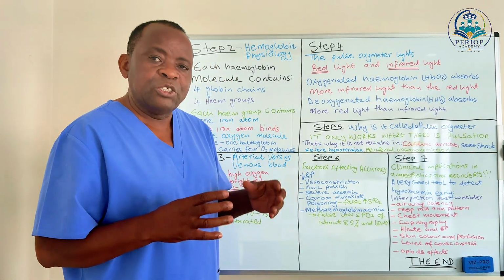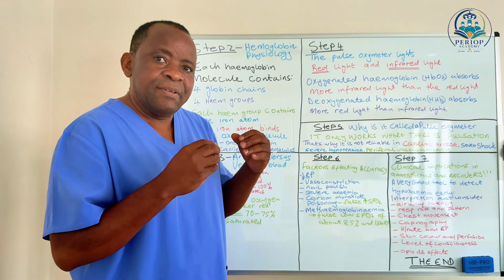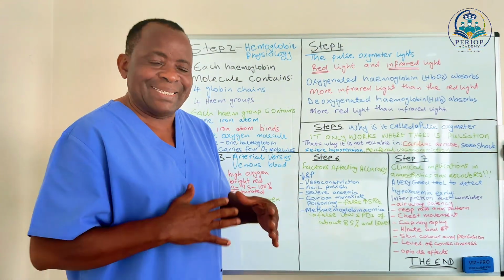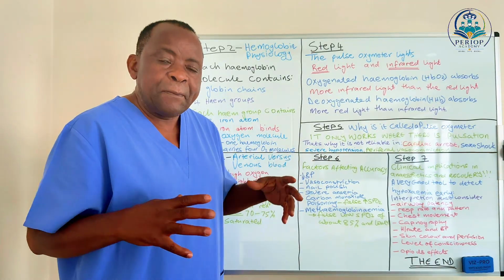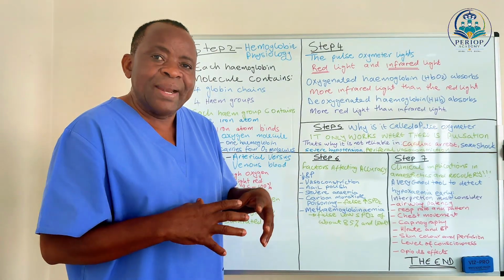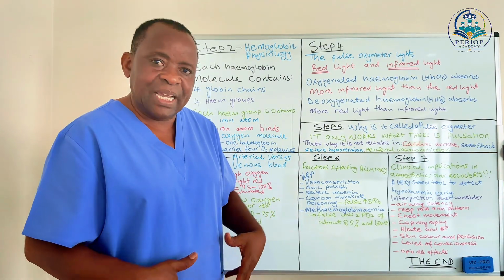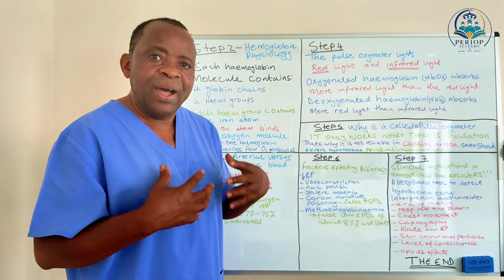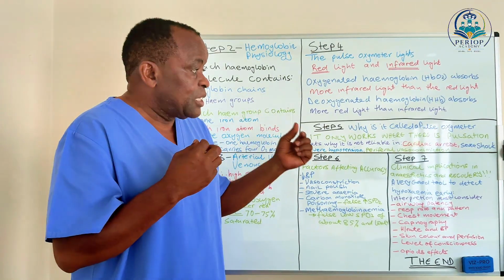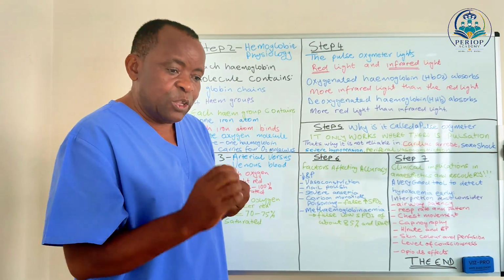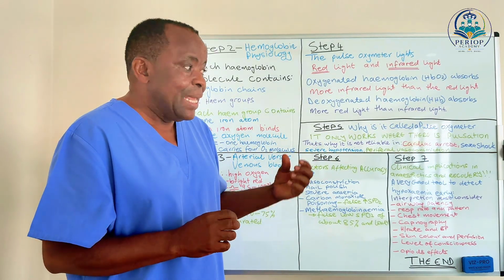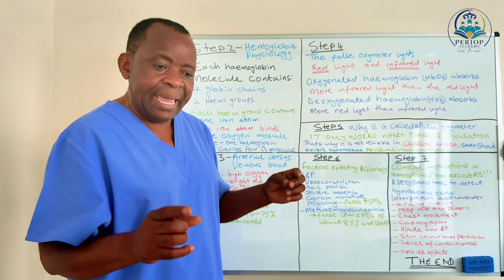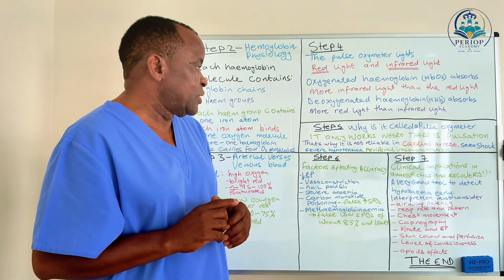Simply because in shock, the peripheral blood vessels are constricted and the blood is redirected to other parts of the body where blood is essentially needed. That is the gut, the lungs, the heart, the liver, and the brain. So in severe shock, we'll find that the use of the pulse oximeter can give you limited results which are not as accurate as you want to see.